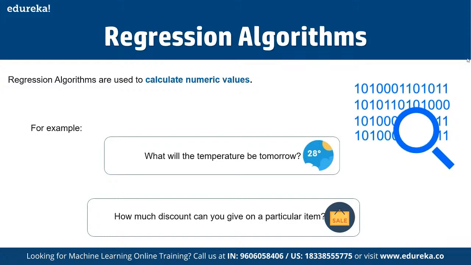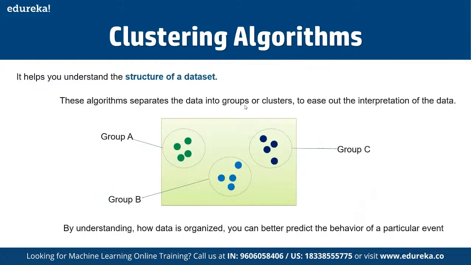And then we have the clustering algorithm. Clustering is not a part of supervised learning; it is a part of unsupervised learning. It helps us understand the structure of a data set. These algorithms separate the data into groups or clusters to ease the interpretation of the given data.